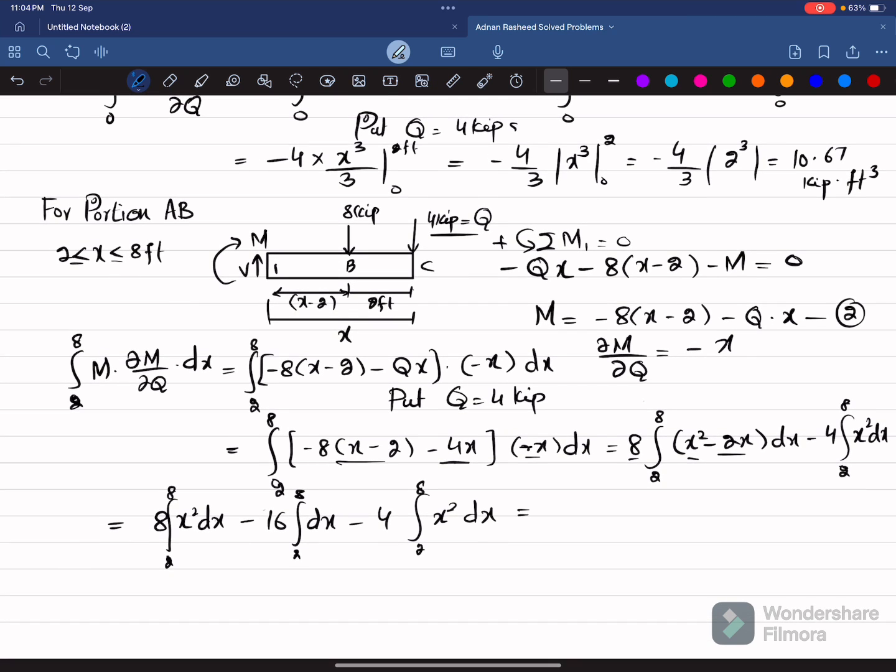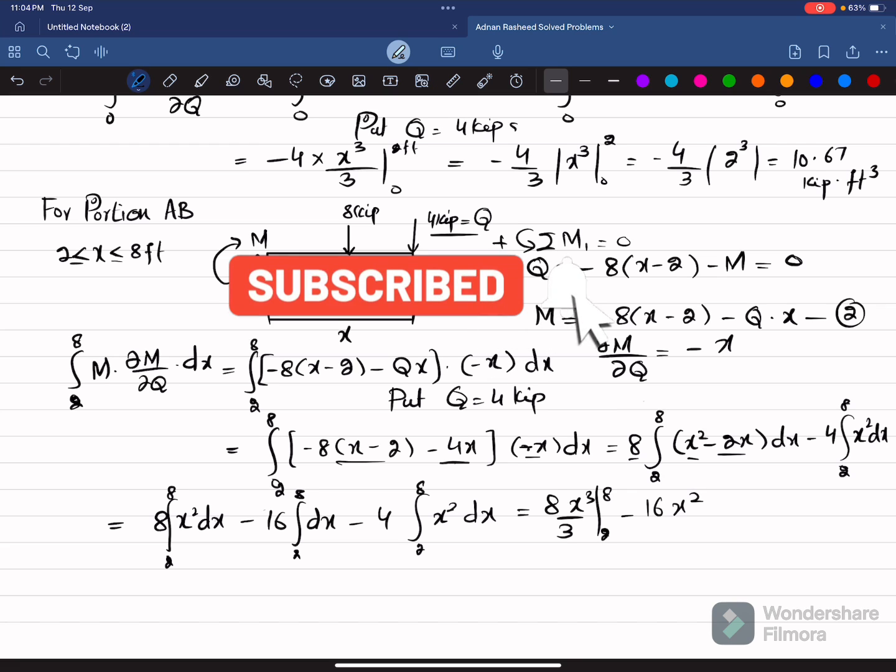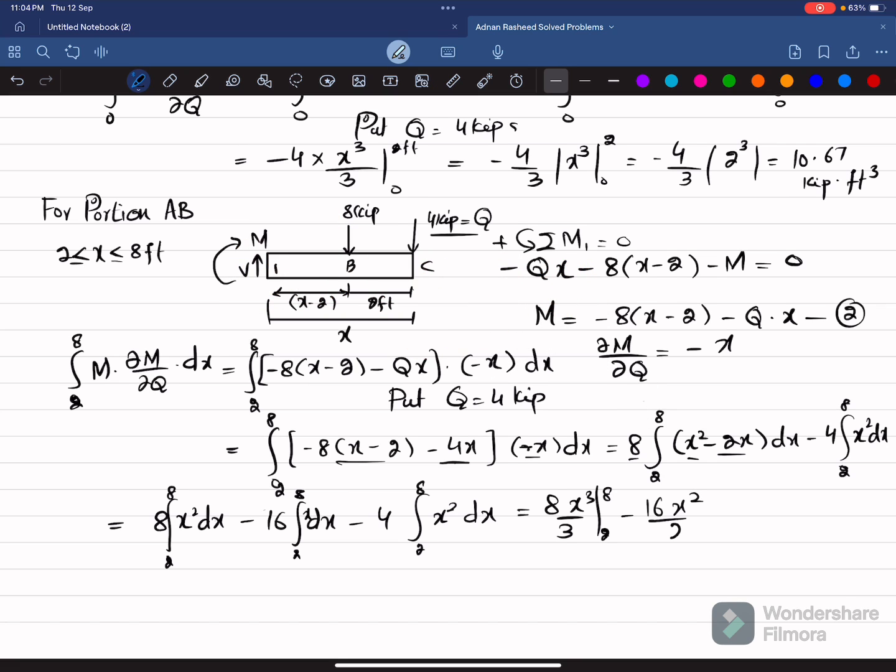So this will give us 8x cube by 3 with limit from 2 to 8, minus 16 into x square over 2 with limit from 0 to 8, minus 4x cube over 3 with limit from 2 to 8.